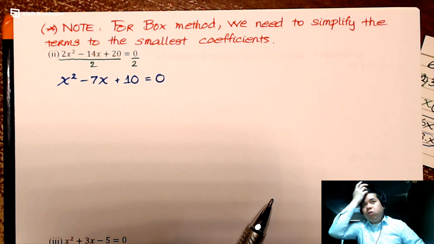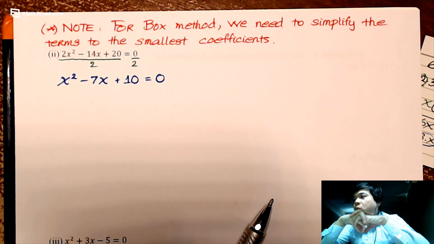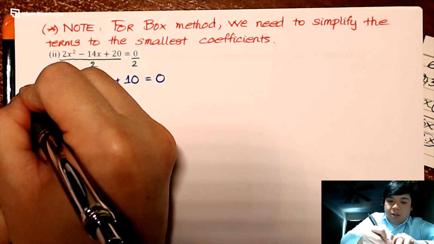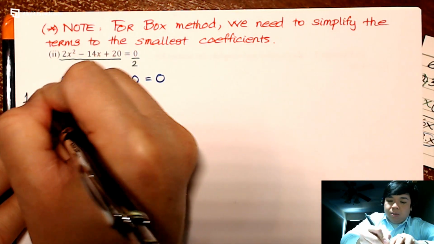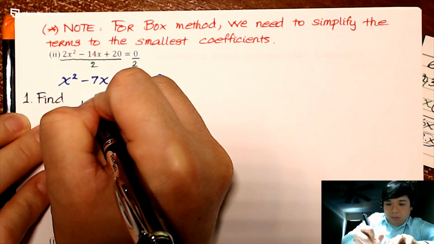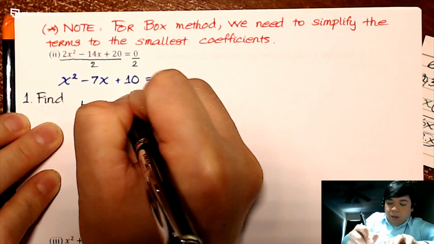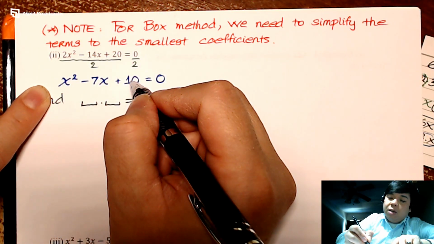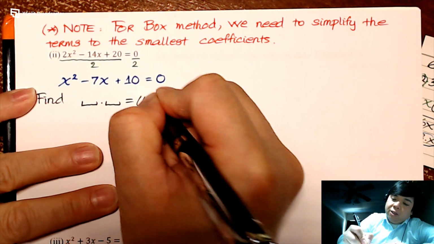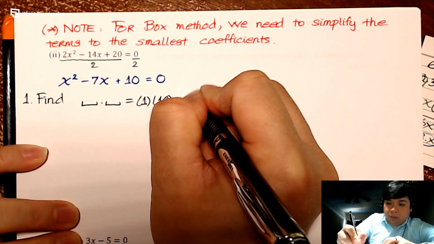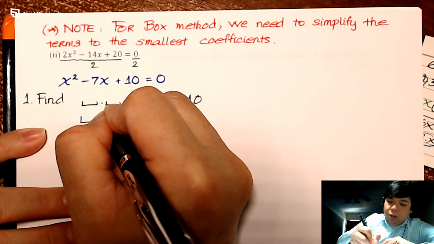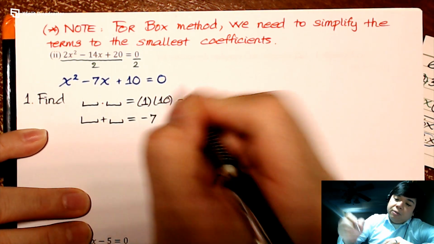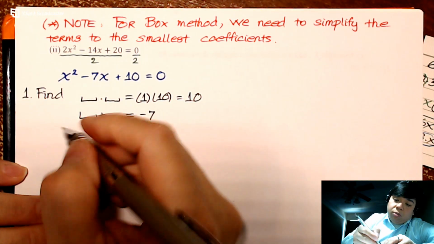Now the steps of factoring and solving should be like what we've seen before. So first, find the two numbers that multiply together to equal the first, which is 1, times the last, 10. And they have to add up to the middle number of negative 7. So trial and error.